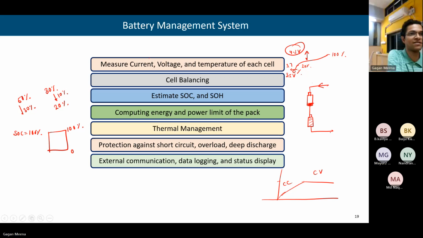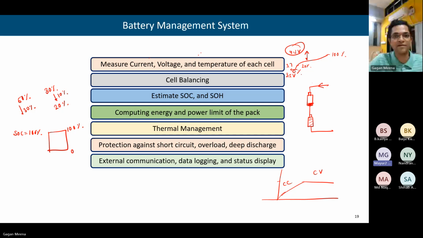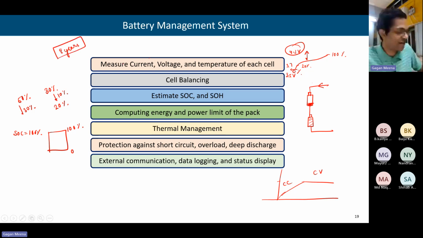Yes. But now we were on SOH. Can you explain? I cannot understand that. So SOH is for the health of the battery. Let's say the life of the battery was 8 years. For cars, the companies are providing warranty of 8 years.